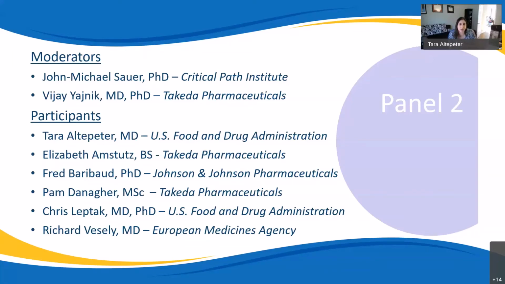But if you're really interested in altering the natural history for that patient and getting out of this setting that many people find themselves in, where you start a biologic or drug and it works for 6 to 9 months, but we know that a large proportion of patients switch therapies within 1 to 2 years of starting them, and we want to instead be able to say, we think that this medicine is going to work for you and keep you well in the long run, you need to have that longitudinal data, and it can be very difficult for individual or small academic groups to fund a study for that time frame.